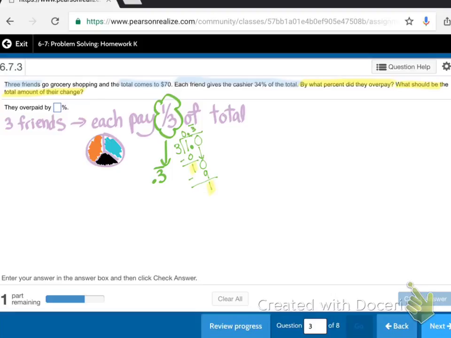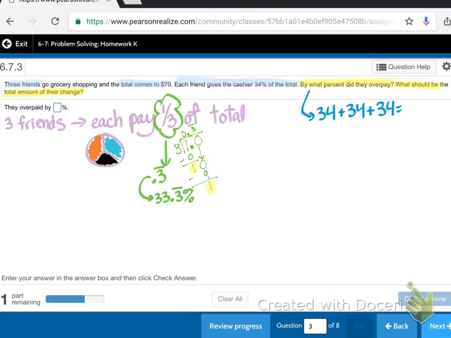You'll see the ones are your remainder once you start adding point zeros to expand that dividend. So you get 0.3 repeating, and I know 0.3 repeating is 33.3 repeating percent. So I know that I'm a little bit off if everyone pays 34%, okay?